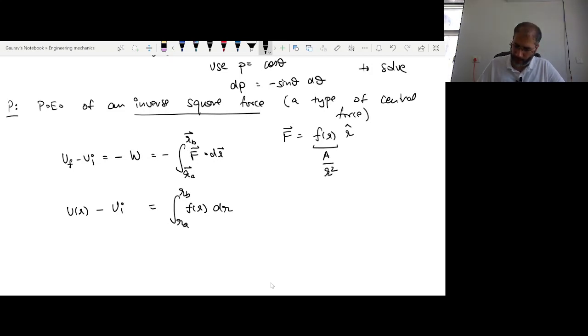So for this particular case, sorry, there's a negative sign here. For this particular case, this is a upon r squared dr, that is for the inverse square force.